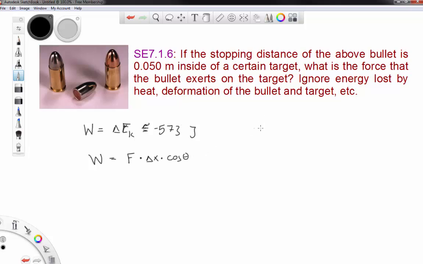And we're basically going to make the assumption that as this bullet is burrowing into whatever the target is, there's some frictional force like this from the, for lack of a better word, walls of the hole that the bullet is boring into the target.